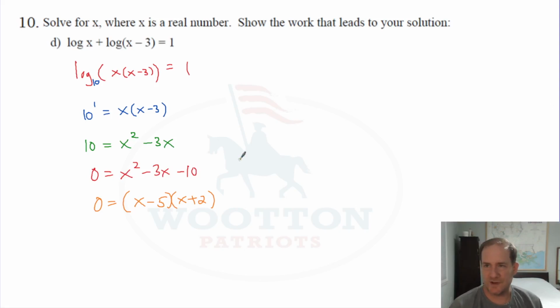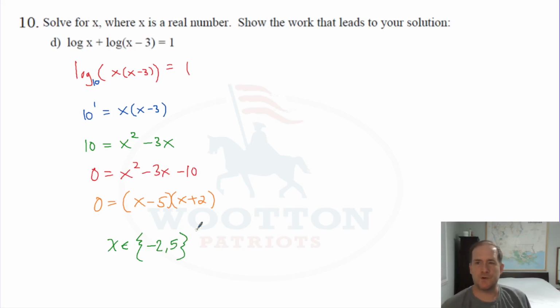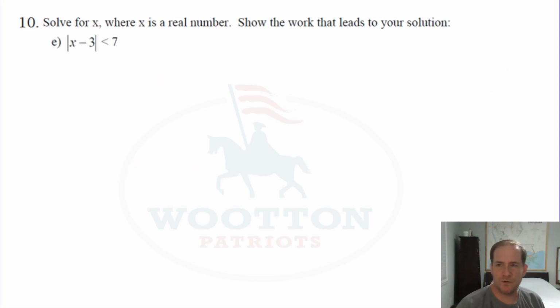Which tells me that the two zeros are -2 and 5. Okay, so that's a log equation. Then I think we're in for an absolute value one.